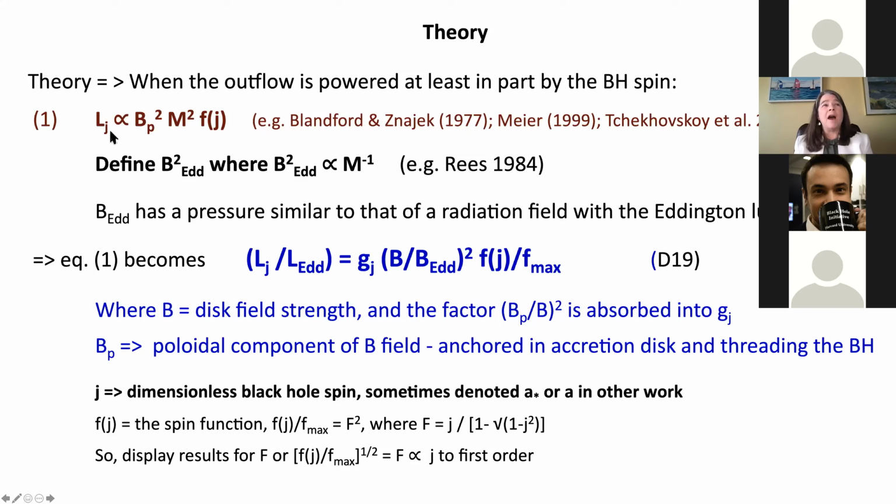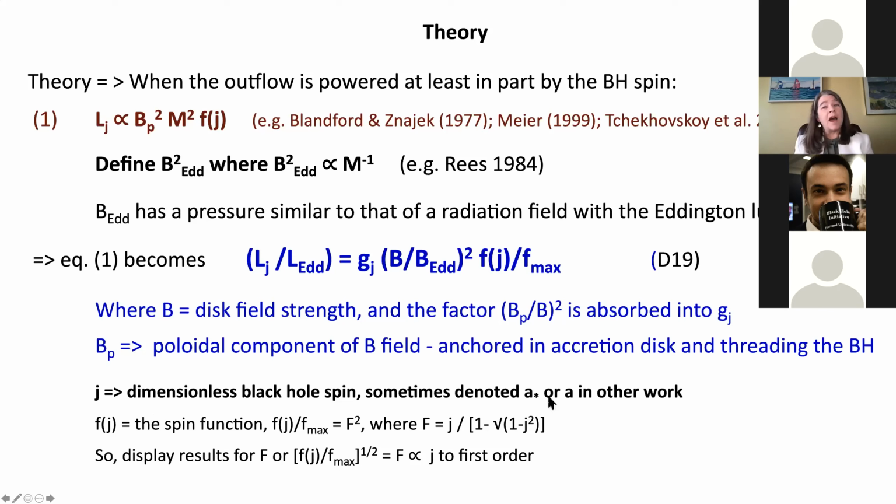So the beam power goes as the poloidal component of the magnetic field strength squared, and that's the magnetic field that is anchored in the accretion disk and is threading the black hole, goes as the black hole mass squared times a function of the black hole spin, f of j. I use j to represent the dimensionless black hole spin following Blandford and others, such as Meier.